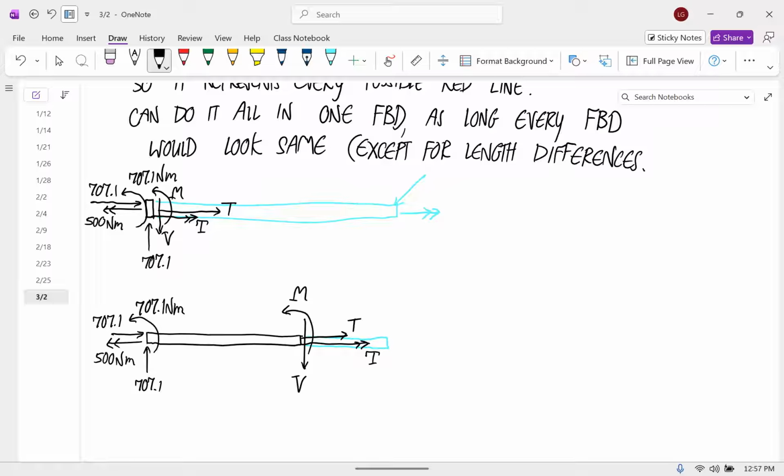So notice that even though one is obviously a lot longer than the other one, everything in the free body diagram looks the same. The only thing that's changing is how long our piece is, and we can represent that difference by just calling that X instead of giving it a number.